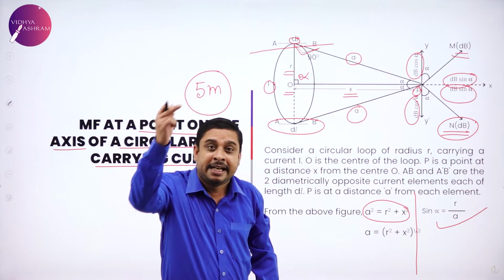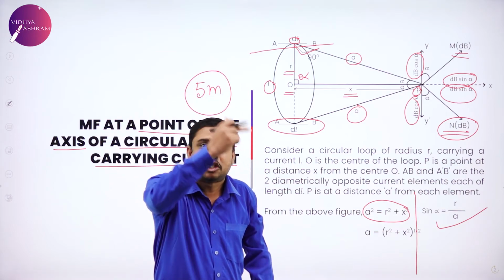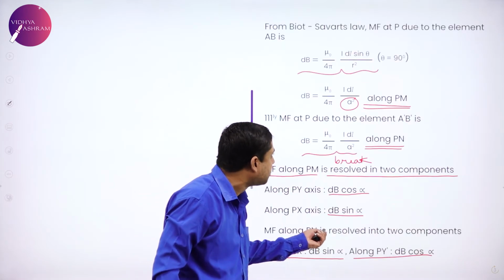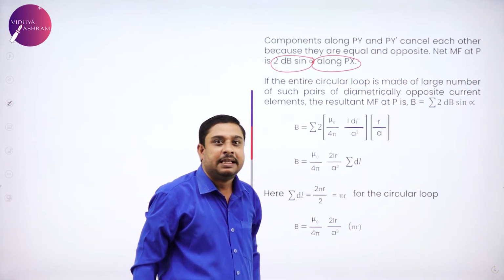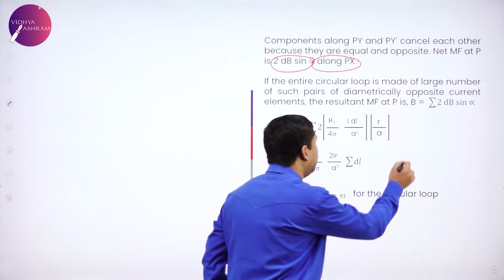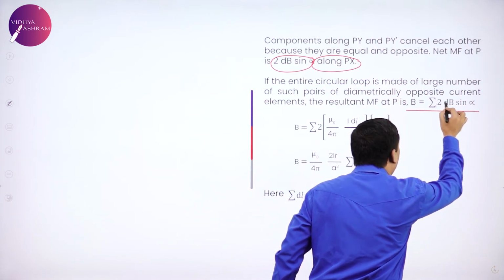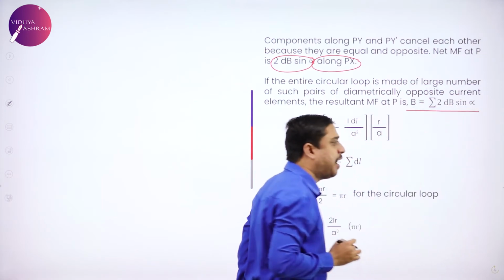If we consider the entire coil to have many such opposite current elements, the net magnetic field should be the summation of 2 dB sin alpha.